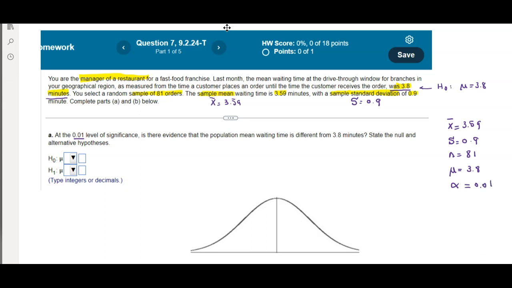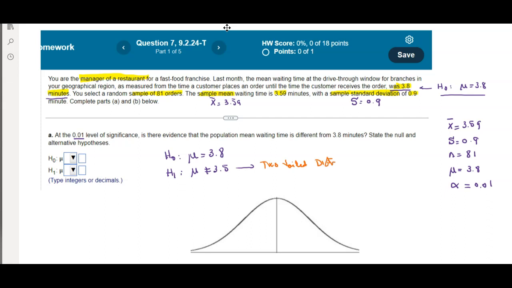Now for the first question, because H0 is the mean equals 3.8, then H1 would be the negation of that, and that will be the mean different than 3.8. So from H1 we can tell this is a two-tailed distribution.